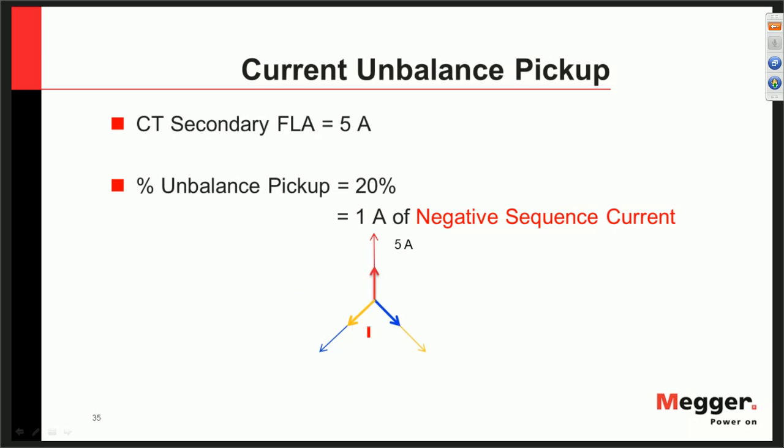From the color code, you can clearly see the negative sequence has a different rotation compared to the positive sequence. So basically, you are imposing the negative sequence vector on top of the positive sequence, the balanced system, in order to create an unbalance.